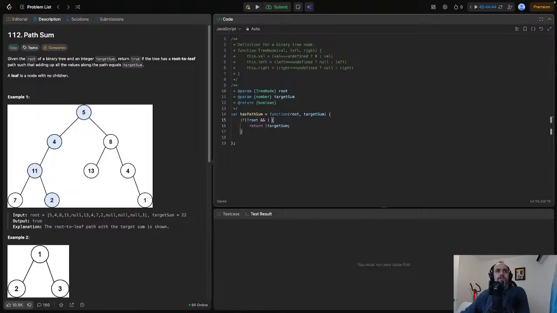We can actually do return not target sum, so that we can reuse this branch.